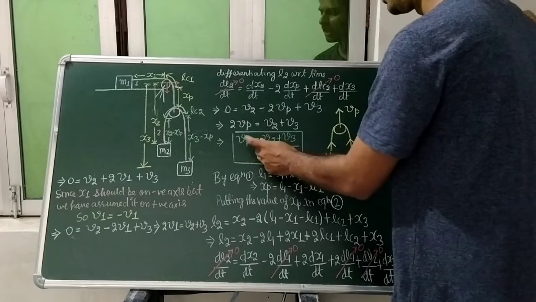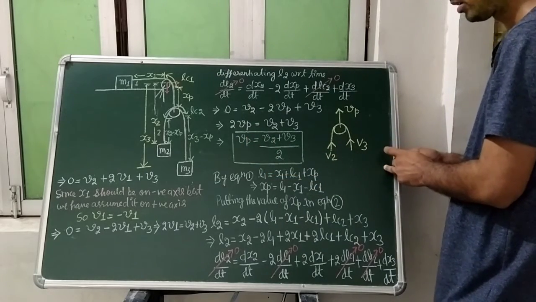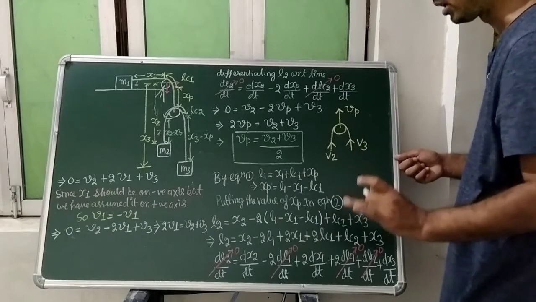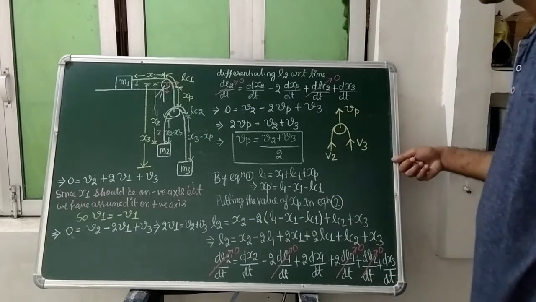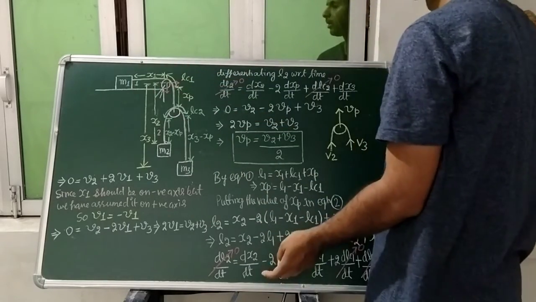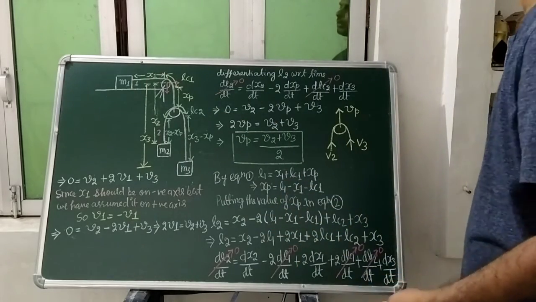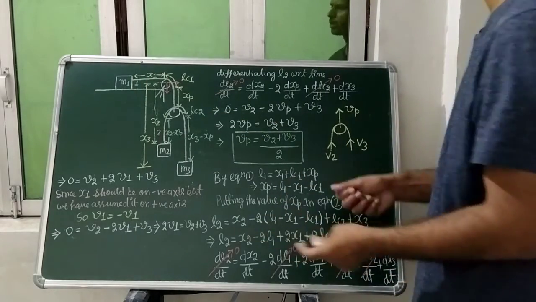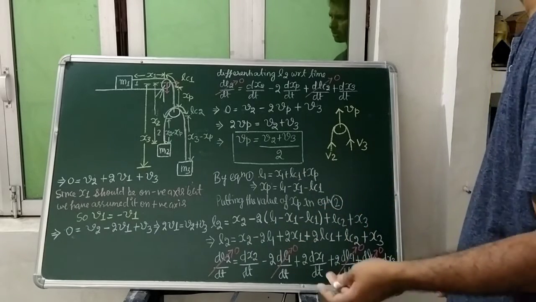So from here we are now getting this kind of result. That you will note and keep in your mind. It will help you in that problem. So of course whatever velocity will be present here, that will be here, because that length of string is inextensible. So the sum of all those velocities should be 0. There should not be any kind of net velocity.